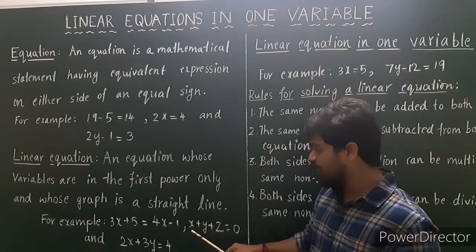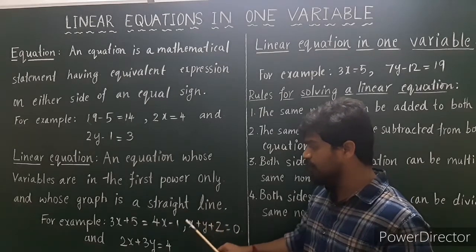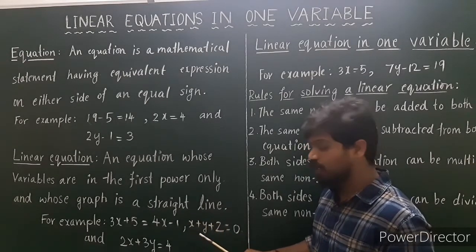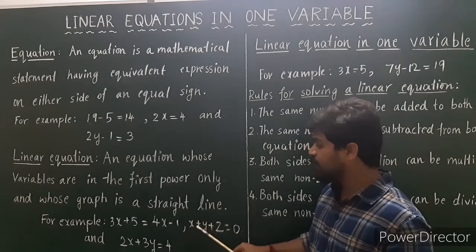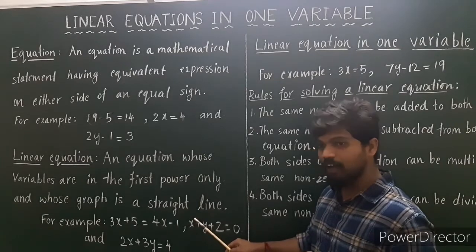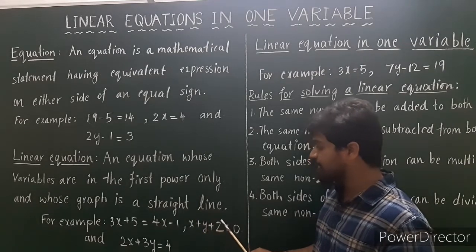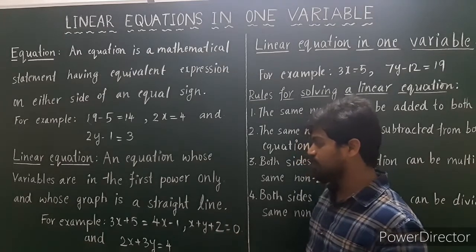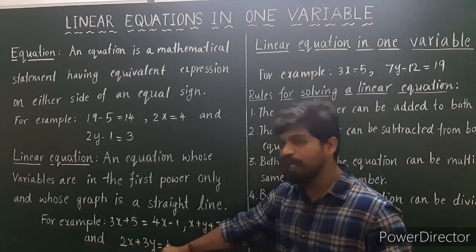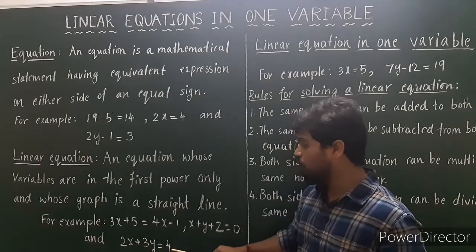Next, x plus y plus z. You have 3 variables here: one is x, one is y, one is z, and the power of each variable is 1. So x power 1, y power 1 and z power 1. Therefore it is a linear equation. One more, 2x plus 3y equals 4.